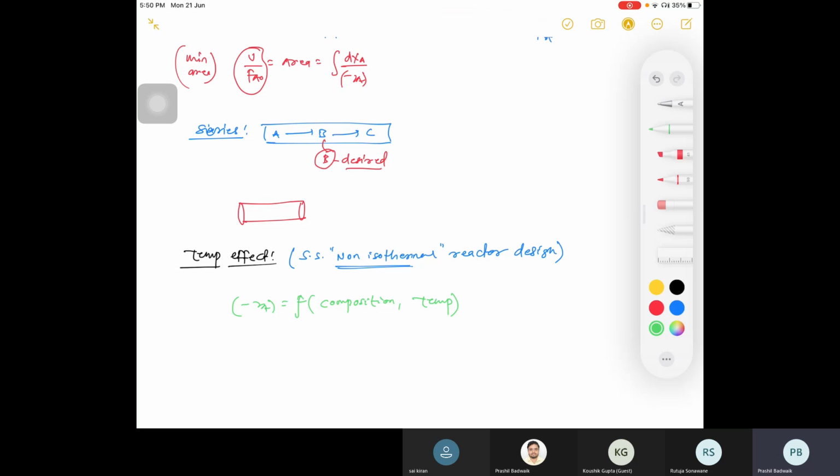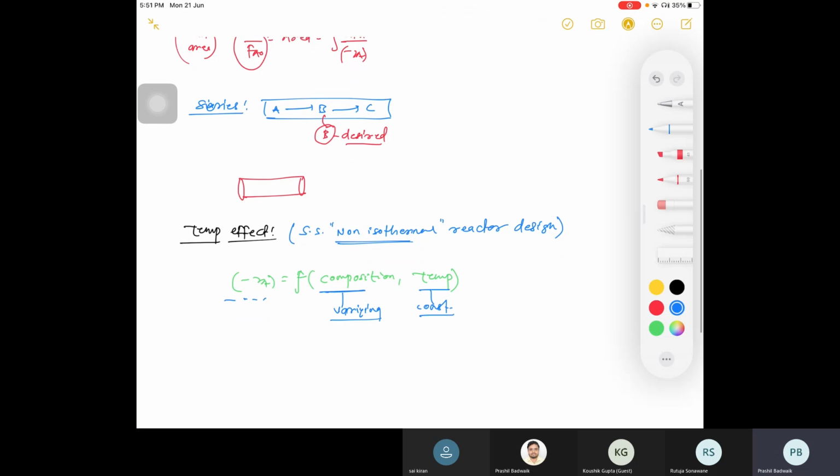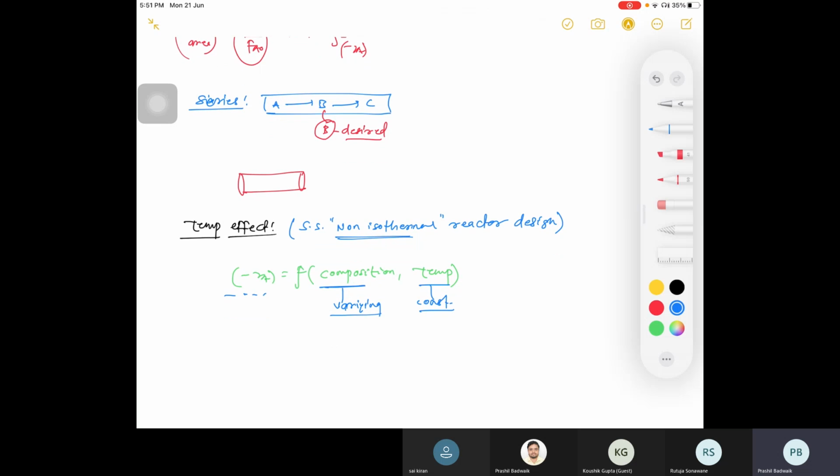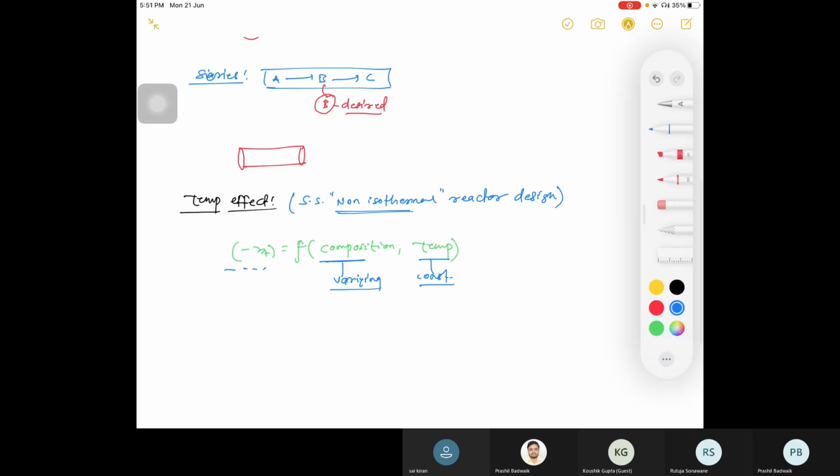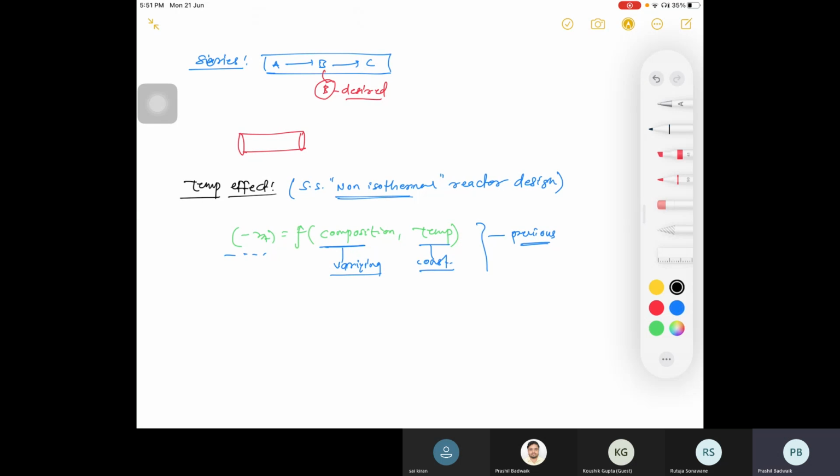So what we studied till date, we were varying composition and keeping temperature constant in order to see the effect of composition on your rate of reaction. Now we are going to change the temperature. So it's about, I'll say, previous.